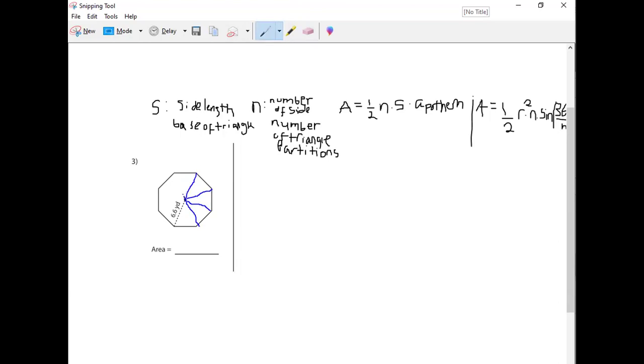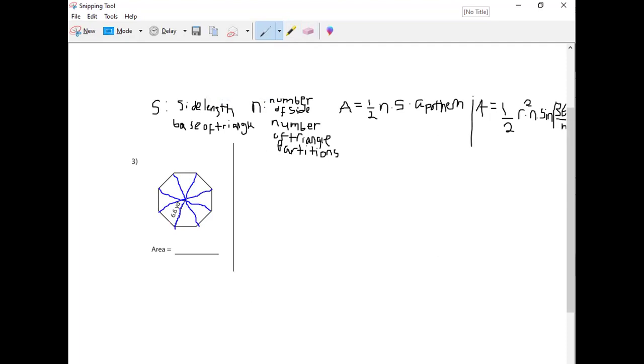I'm sorry, my line is a little wonky. All right, so if you see here, I have 1, 2, 3, 4, 5, 6, 7, 8 equal triangles I can make this polygon into.